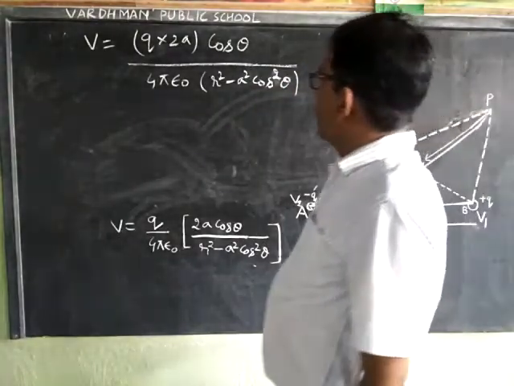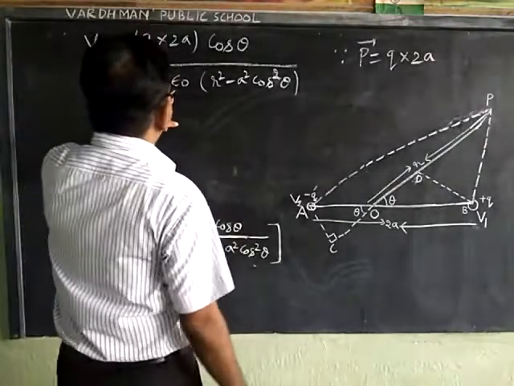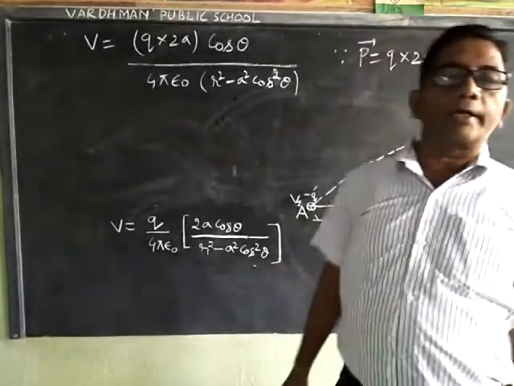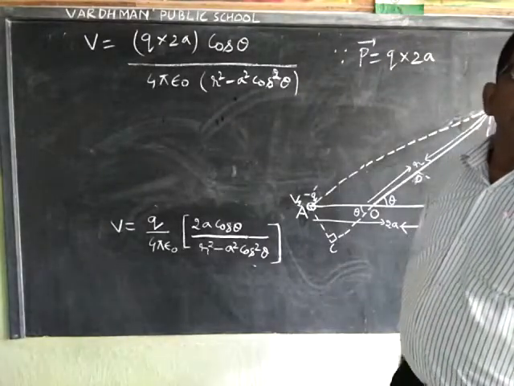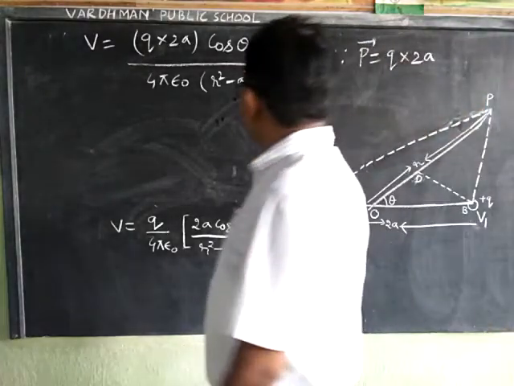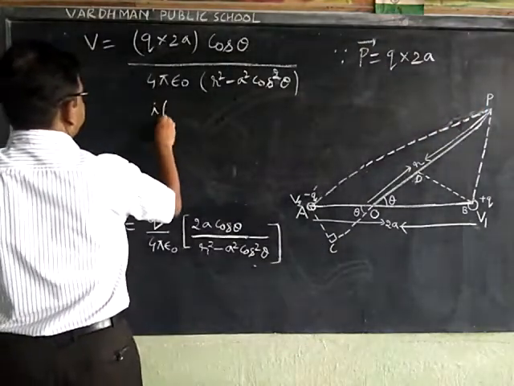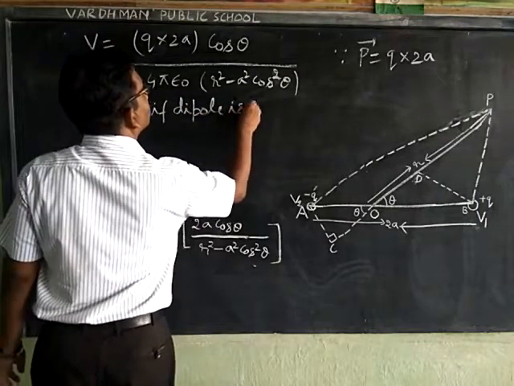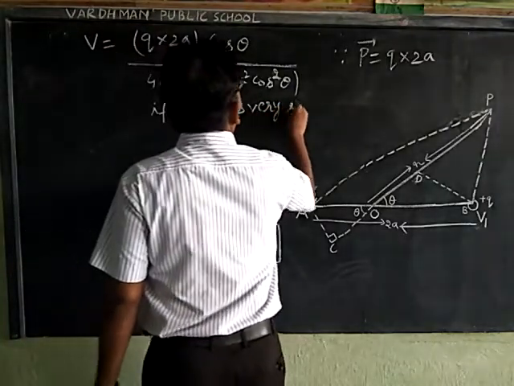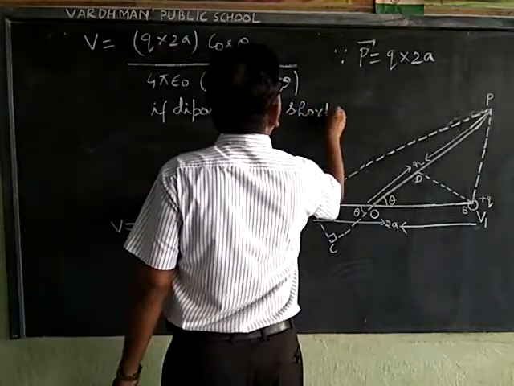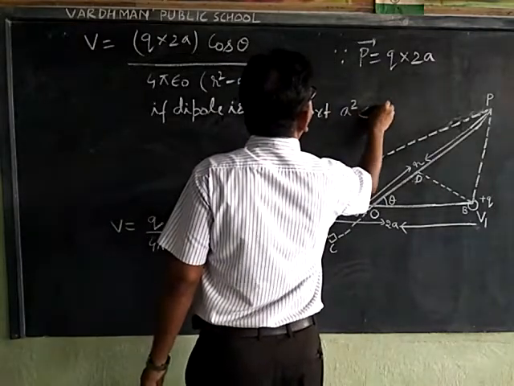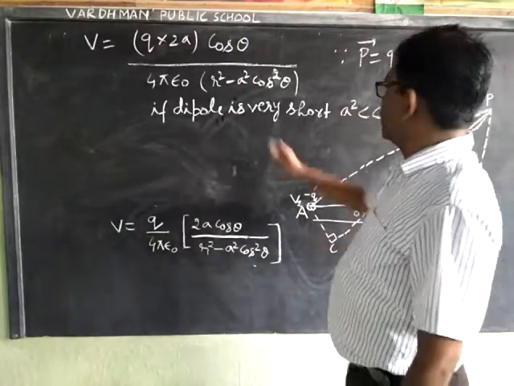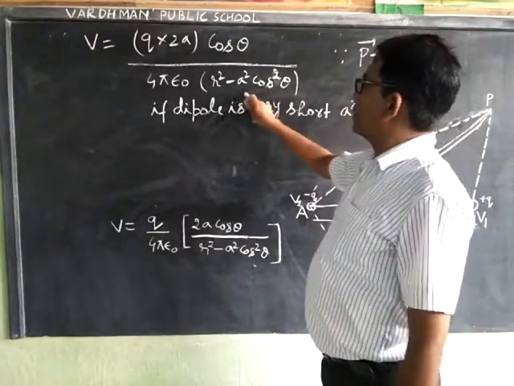if the dipole is very short, then a square is much less than r square. Then we can ignore a square cos square theta.